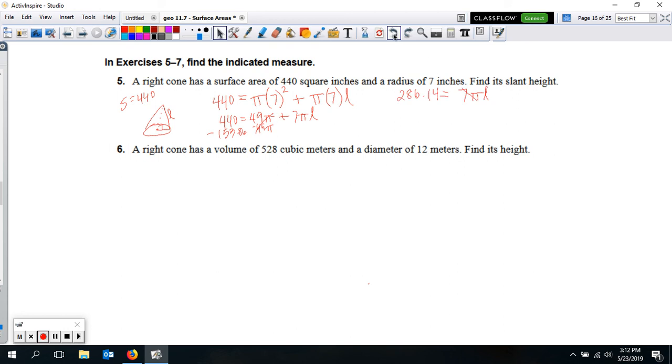So we'll see that 286.14 is that number, 440 minus 153.86. It's equal to 7 pi L. And so now at this point we want to divide by 7 pi to get the L by itself. So when we divide out the 7 pi, they cancel here, but again I'm going to need to change 7 pi to the decimal.